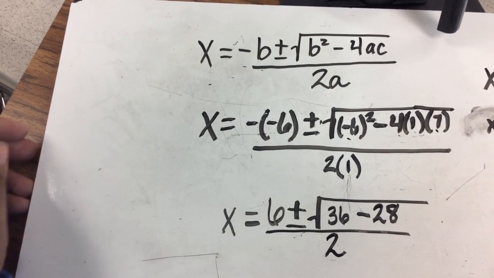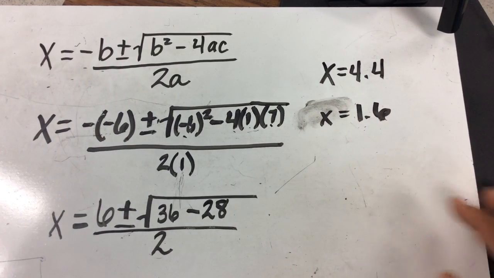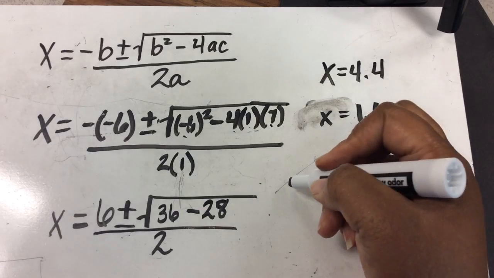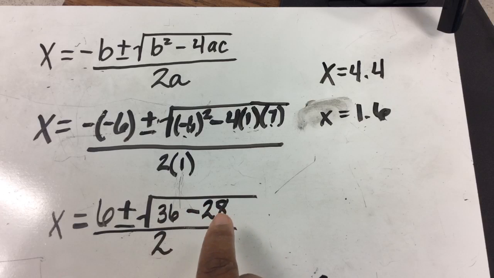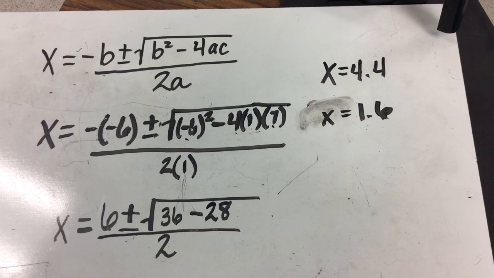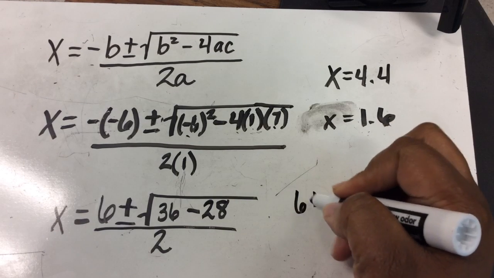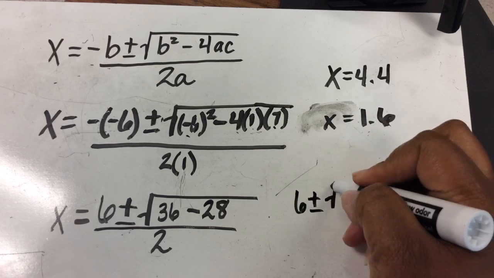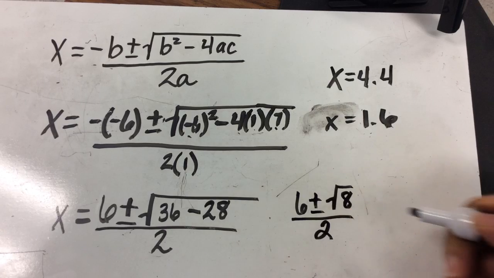Now, I've run out of white space here. There we go. Now, we're going to simplify what's underneath the radical. So 36, take away 28, gives us 8. So we have 6 plus or minus the square root of 8 over 2.